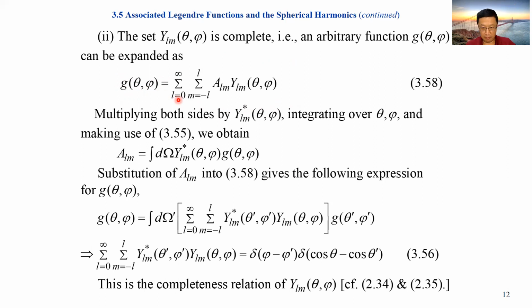You just keep this in mind, and you don't have to solve this equation by yourself. We will use this property later on. I just want to give you a chance to become familiar with these properties. That's a complete function set, with m from -L to L, and L from 0 to infinity. A_Lm is the coefficient to be determined.